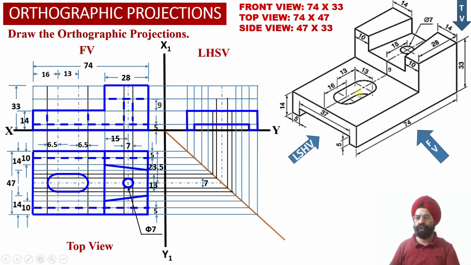And then we also know that this is the depth 13 mm, and these are two extreme points of this elongated semicircular slot. So corresponding to these two extreme points, we are going to observe hidden line rectangular apparent shape projections corresponding to this elongated semicircular slot into the left hand side view projections over here.